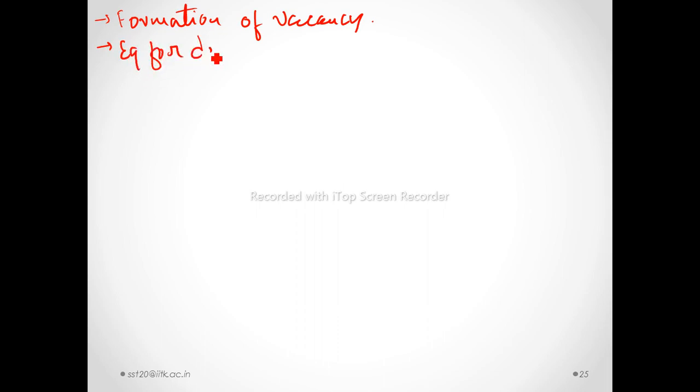So, we have learned in the previous session about the formation of vacancy and the equation for determining the equilibrium concentration of monovacancy.